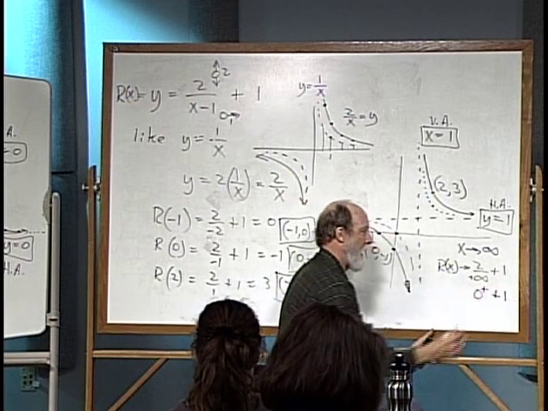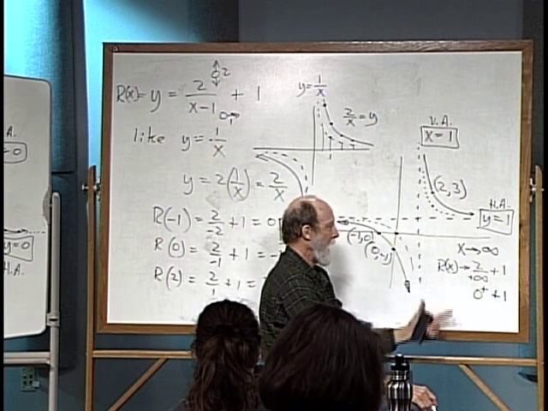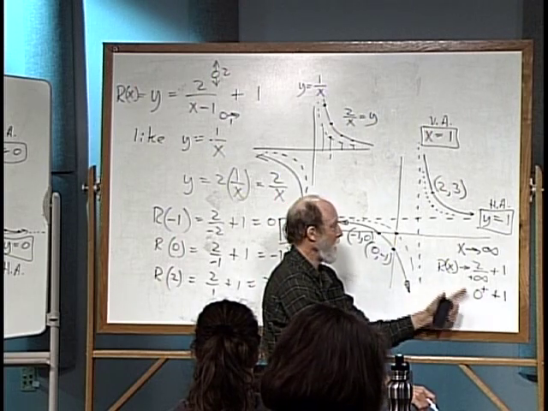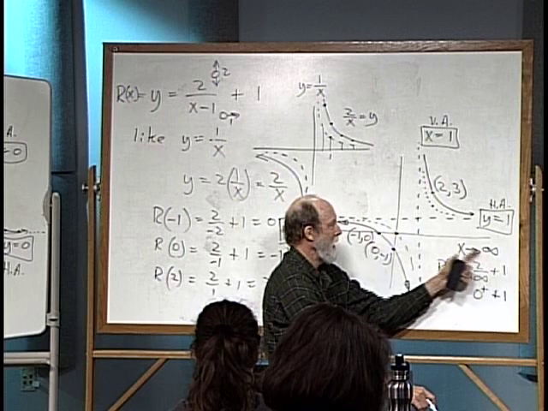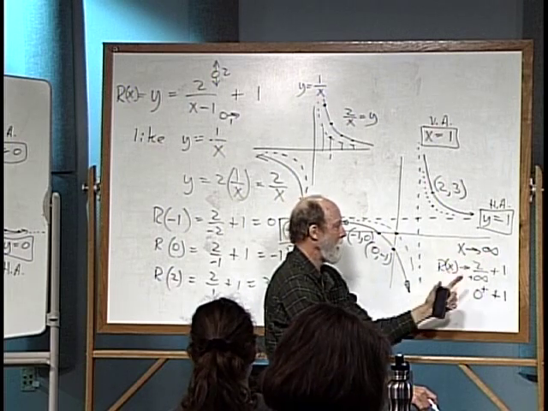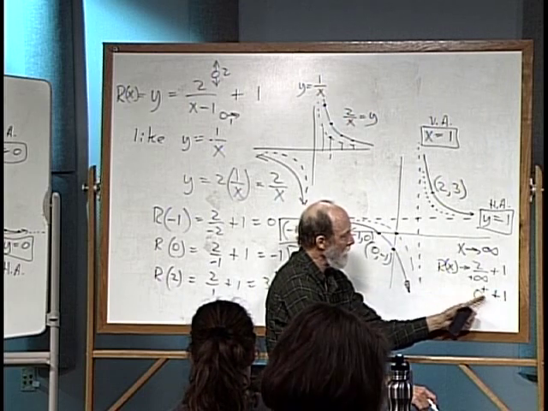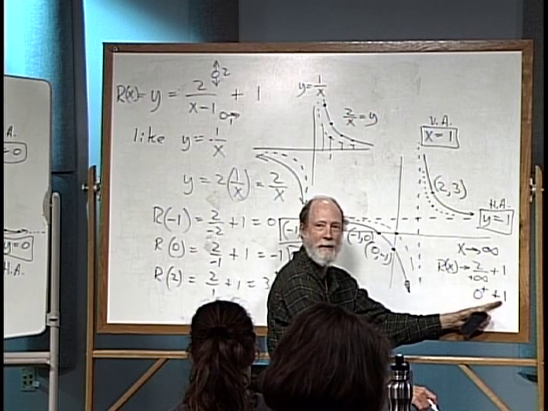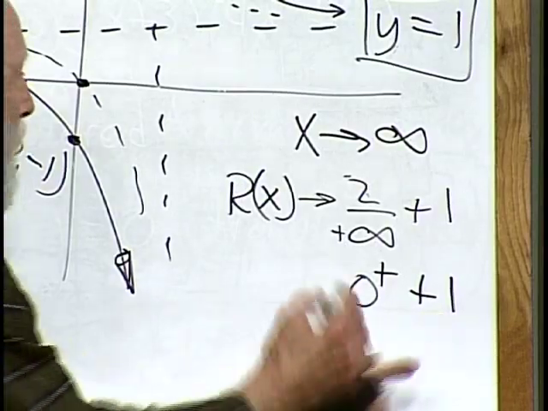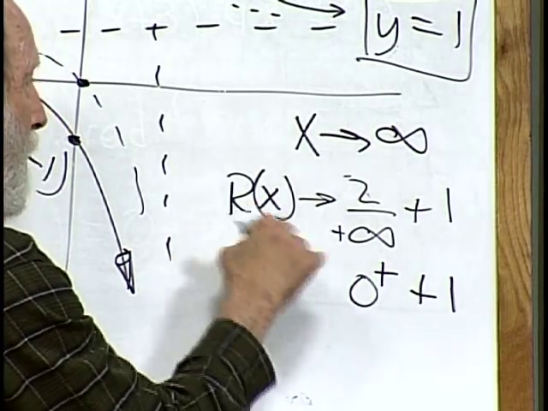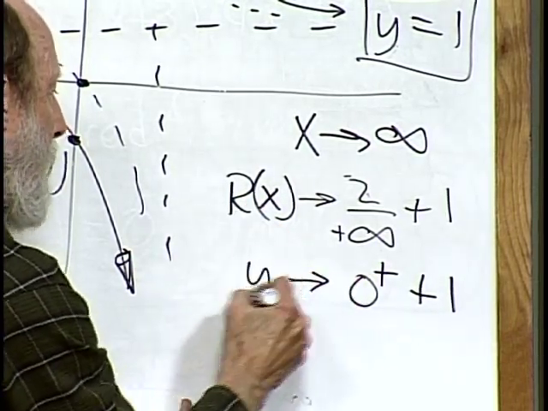And we're adding 1 to that. Now look what happens in the limit as x goes towards infinity. This approaches 0, and means you're adding a little bit to 1. Adding a little bit to 1 for these r values, which happen to be your y readings.